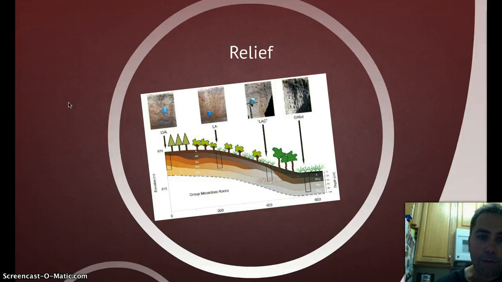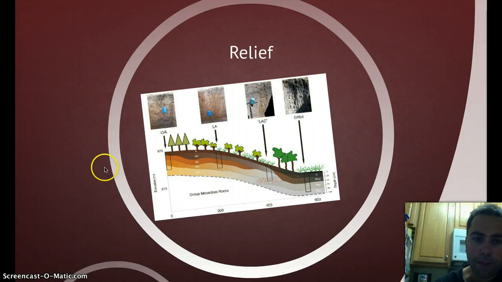R is for relief. In relief, we're talking as you go down a slope, or topography rather, of the land. So from a high area on the slope to low-lying areas. And typically your areas higher on the slope are going to be better drained. And your low-lying areas are going to be wetter, even swampy in some cases.